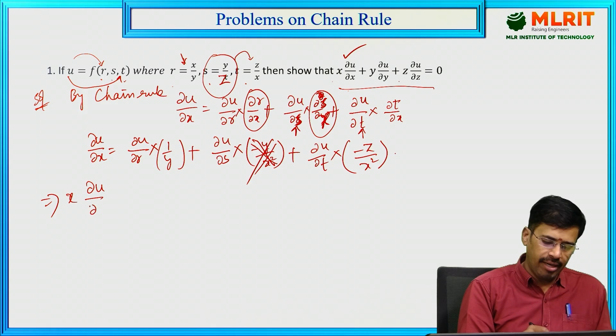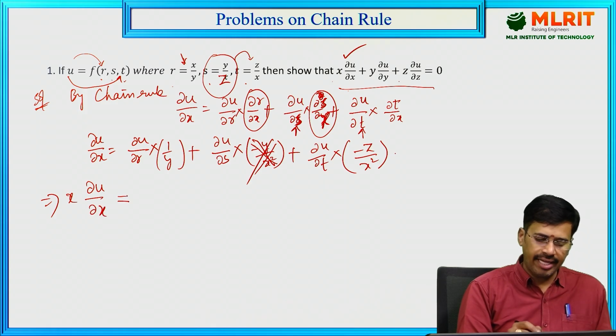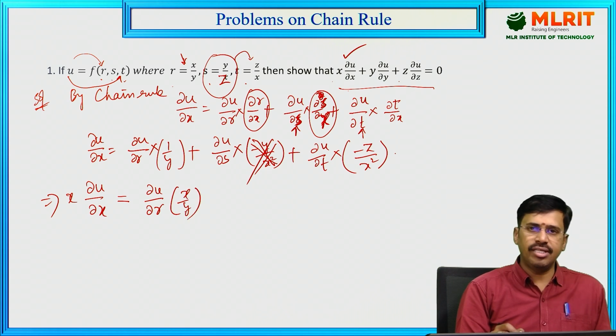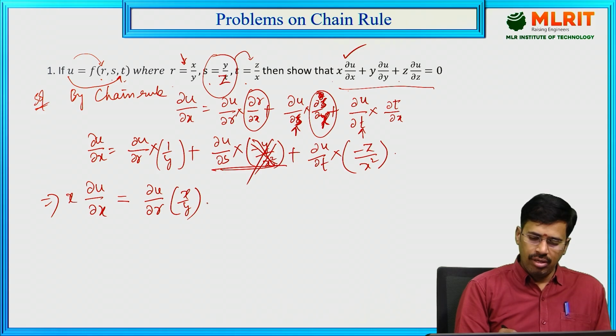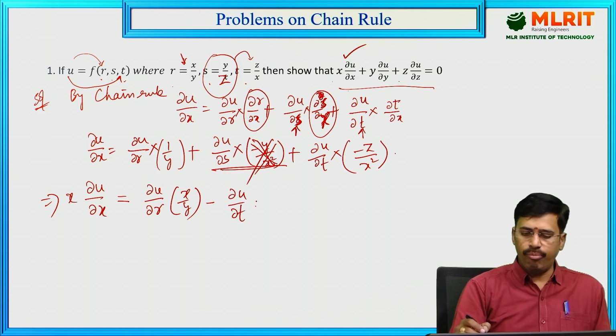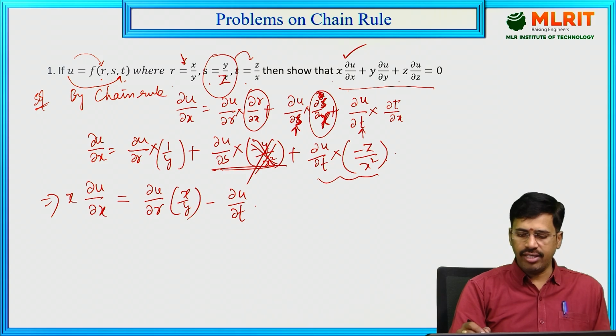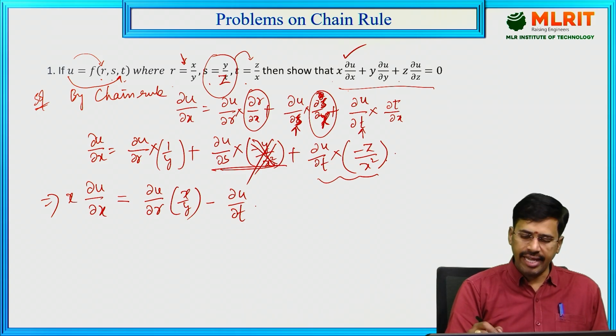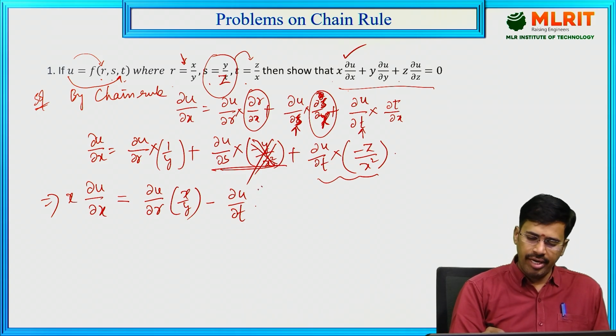So let us multiply this ∂u/∂x with x. So I'll be getting ∂u/∂r into x/y, isn't it? Plus second term is 0, minus ∂u/∂t. If you multiply this term with x, the denominator x will get cancelled and this will be getting z/x. Let it be equation 1.